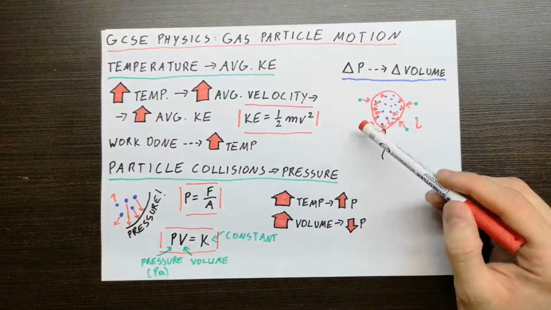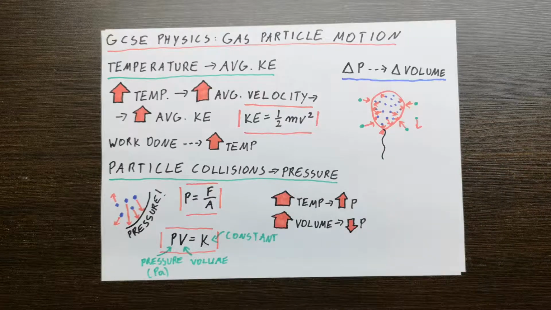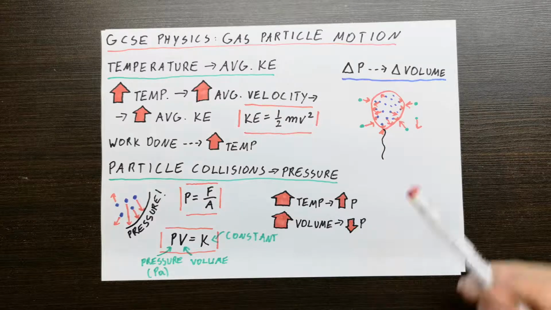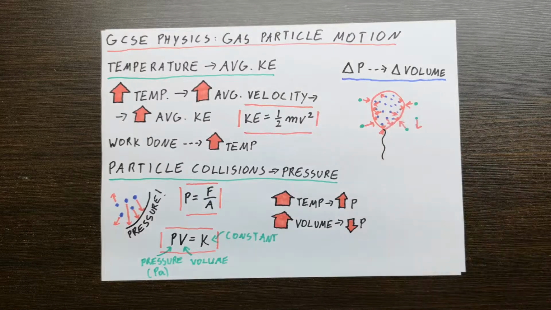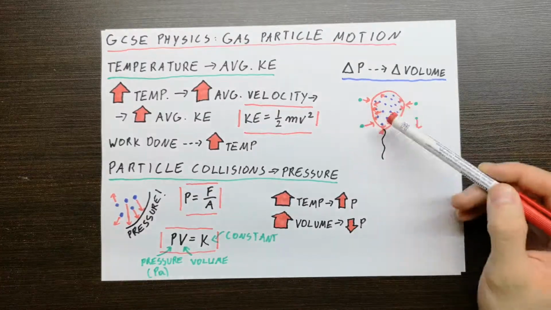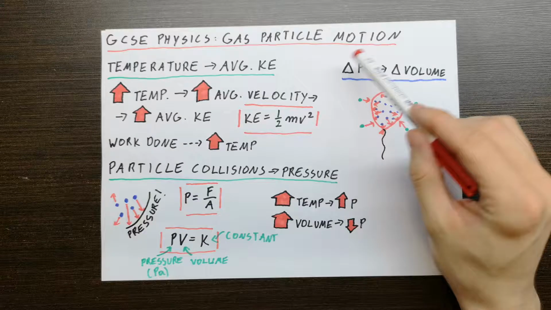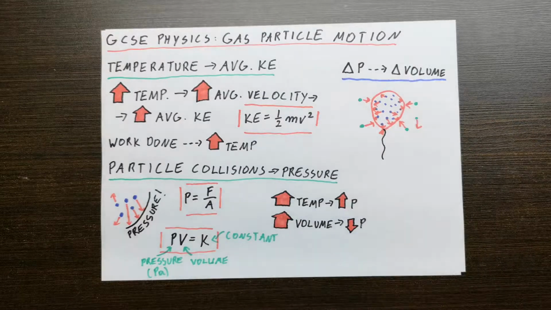There isn't enough air pressure to counteract that expansion, and the balloon will carry on expanding until the external pressure placed on the balloon by the air matches the internal pressure exerted on the side of the container. So this is one of the rare cases where by changing pressure, you can actually change the volume.